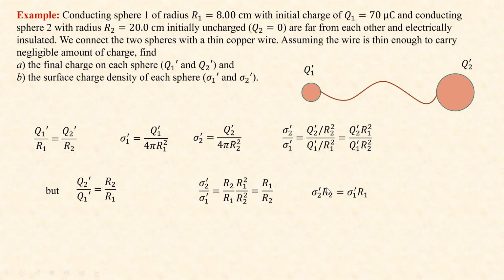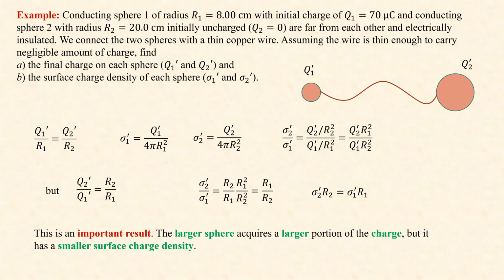It says that if you have R2 greater than R1, it means that sigma 2 is smaller than sigma 1, right? So the larger sphere acquires a larger portion of the charge, but it has a smaller surface charge density. The smaller sphere has a larger surface charge density.